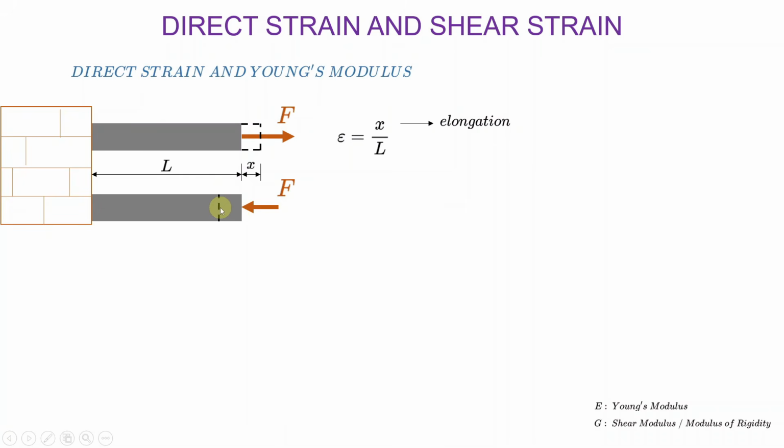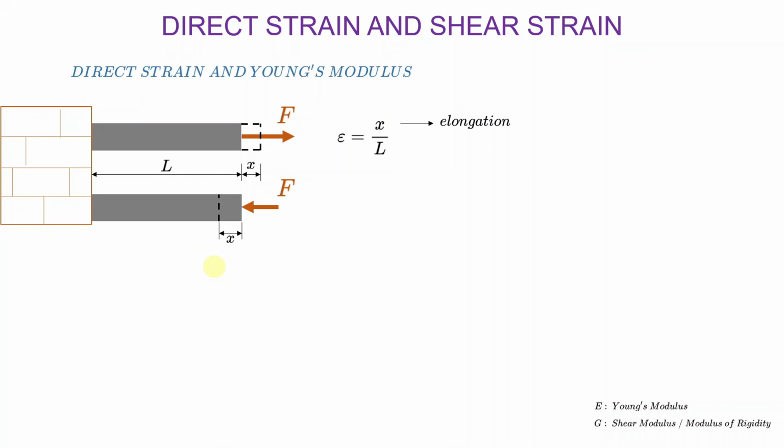So it has moved like that, because of this force that has compressed the bar. As you can see, the original length of the bar is L, and now it has been compressed by a length X again.